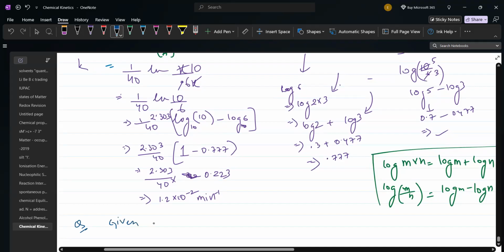Given t half is 2 minutes, of first order reaction.